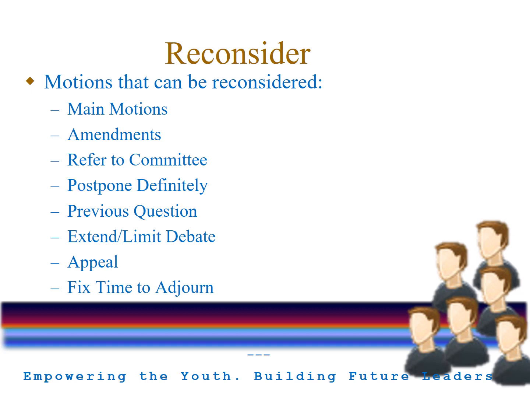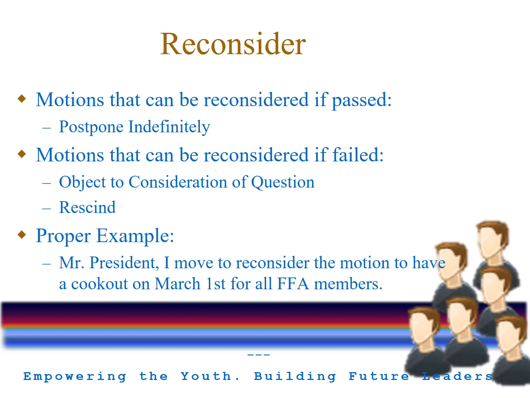Motions that can be reconsidered are the following: main motions, amendments, refer to committee, postpone definitely, previous question, limit or extend the debate, appeal, and fix time to adjourn. Motions that can be reconsidered if passed, this includes postpone indefinitely. Motions that can be reconsidered if failed is object to consideration of question and motion to rescind.